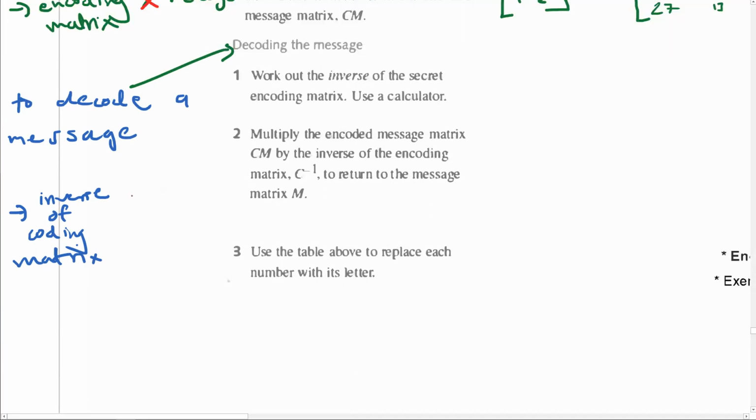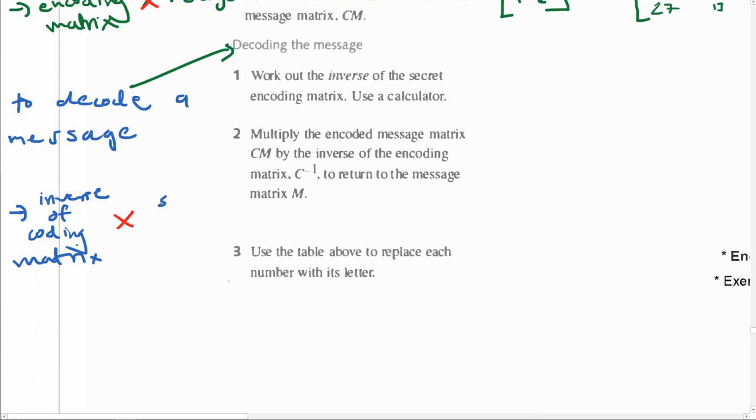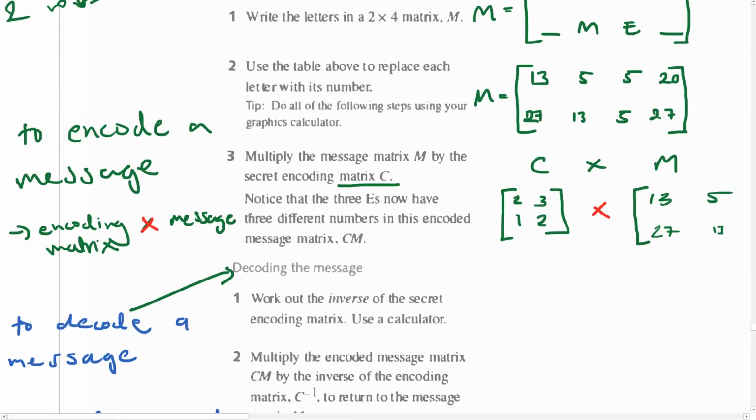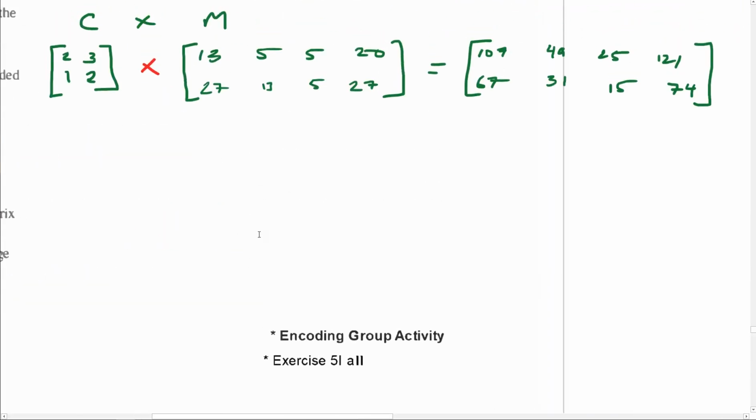times the secret message, the secret encoded message. So this is a general rule that you can use to actually encode and then decode a message. All right, so how do we decode this message now?